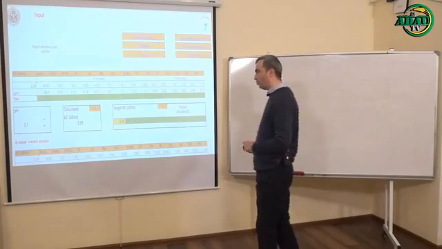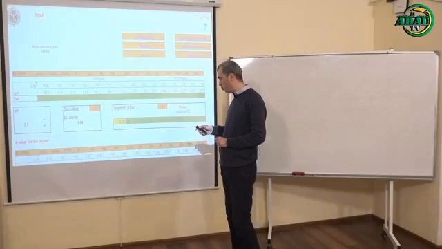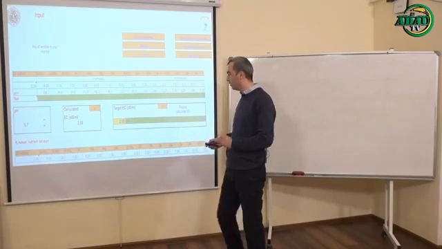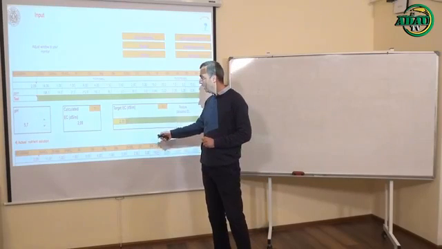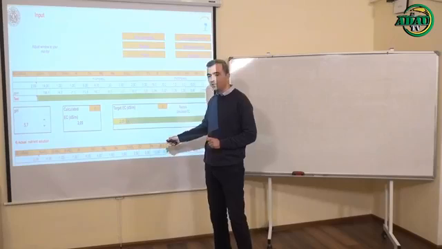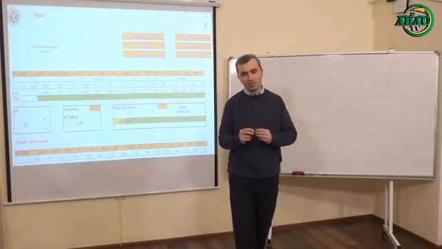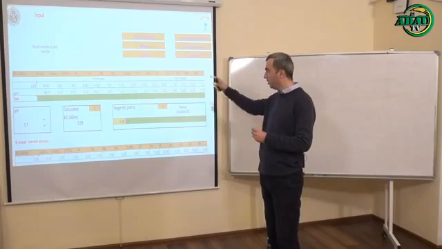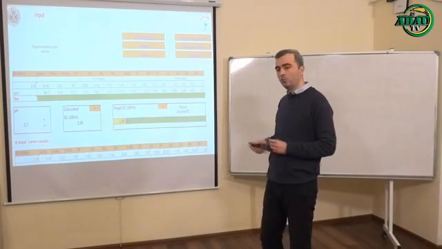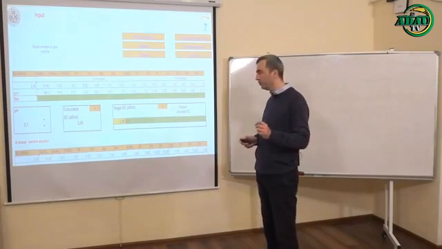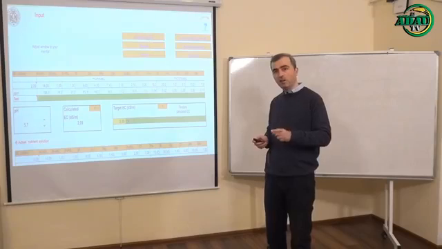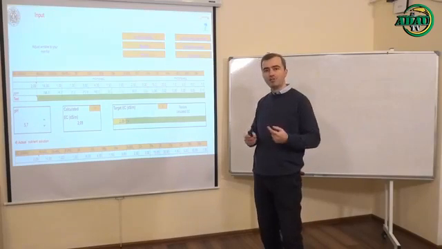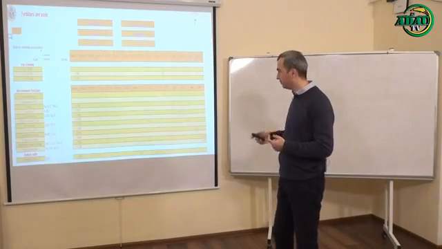But prior to seeing those results, you need to give a command to this program and set up the target EC. And if this target EC is exceeded or lower in the end, the system will automatically notify you and will even propose what to change in order to reach it.